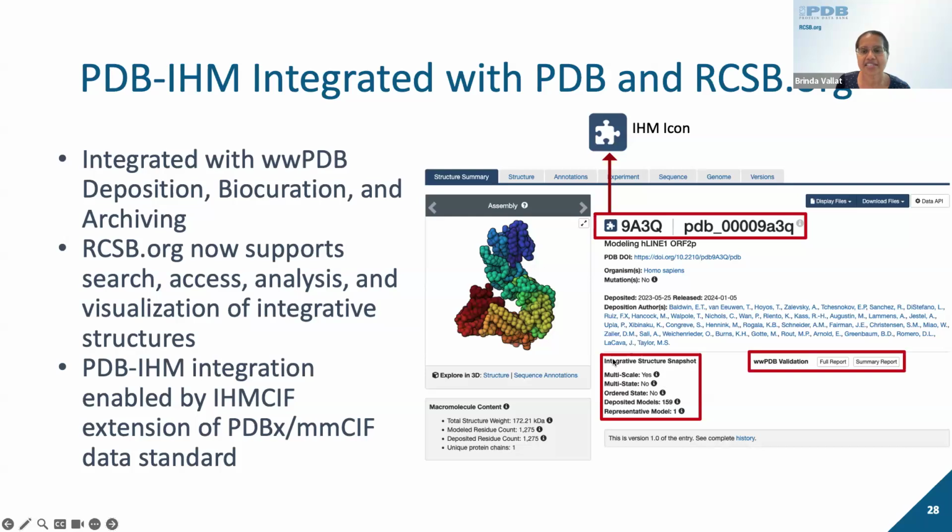Shown here is a snapshot of the structure summary page of an integrative structure on the RCSB.org website. It's very similar to what you will find for experimental structures. You can see the image. You can visualize using Mol*. There's other metadata about the primary publication, authors, and also IHM-specific information.